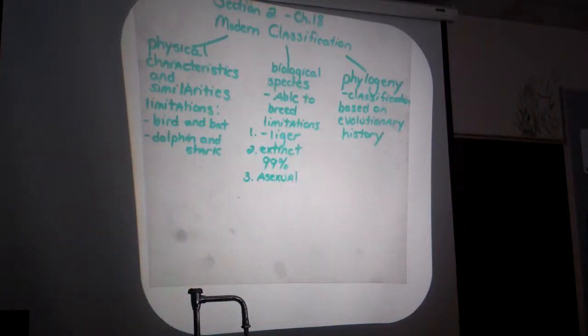In other words, when scientists classify organisms today, they look at who they're most related to and classify them that way. In other words, who their closest ancestors are, who they are most closely related to. And I'll bet a lot of times you have two organisms that don't even look remotely like each other that are actually classified very close to each other based on other things, and we'll talk about those other things.